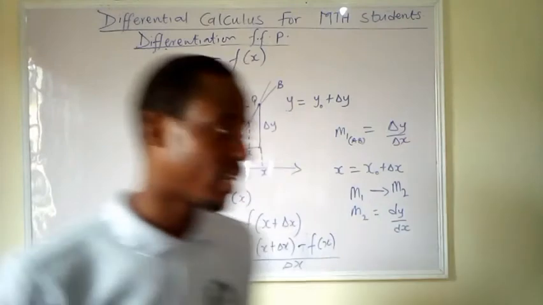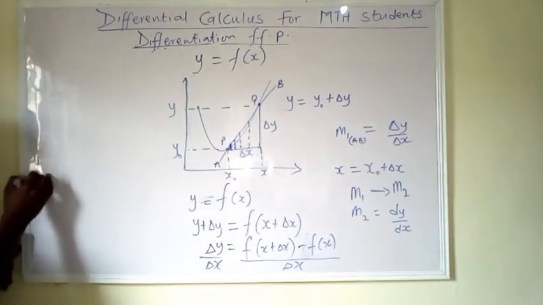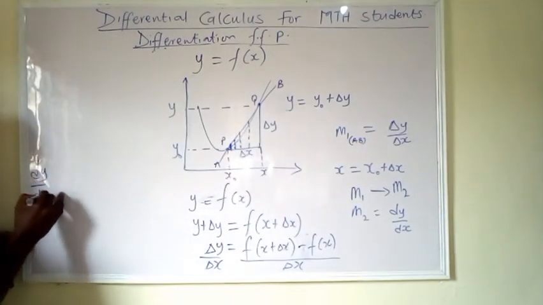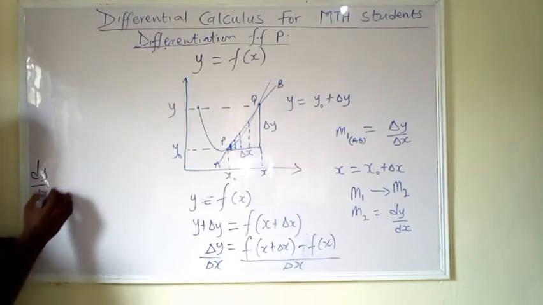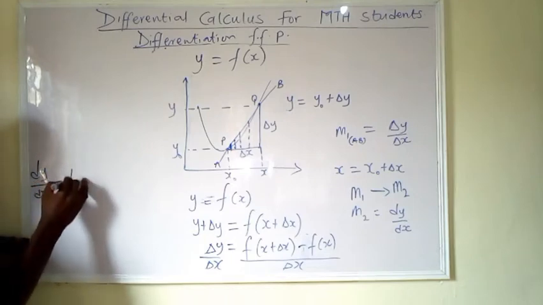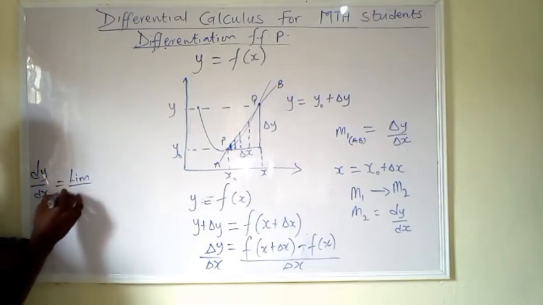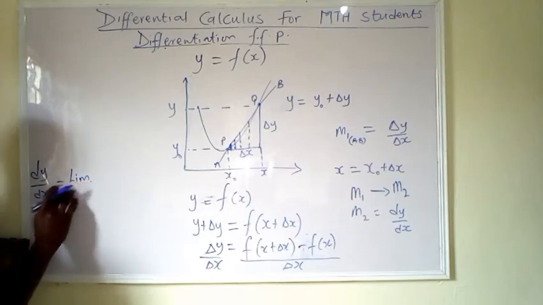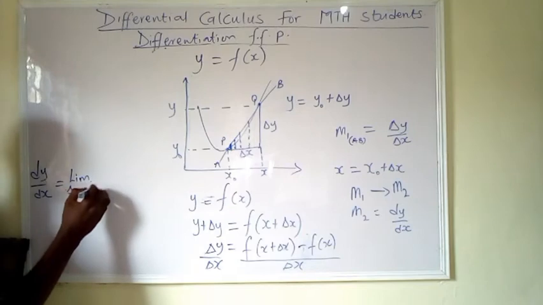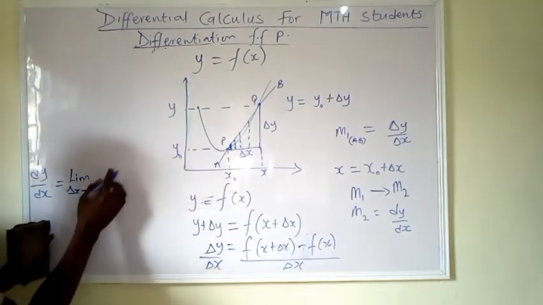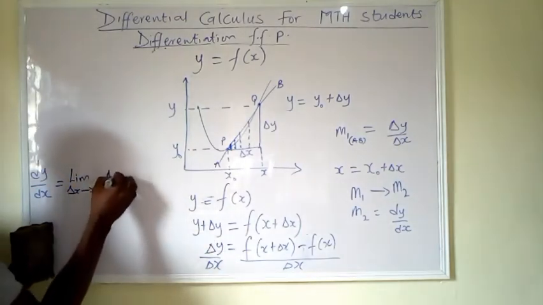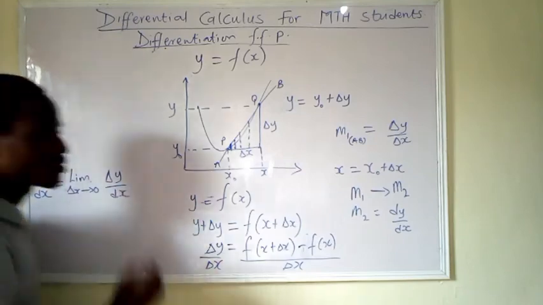So if I'm going to write that now, I can say that dy/dx is the limit as change in x tends to 0 of change in y all over change in x.